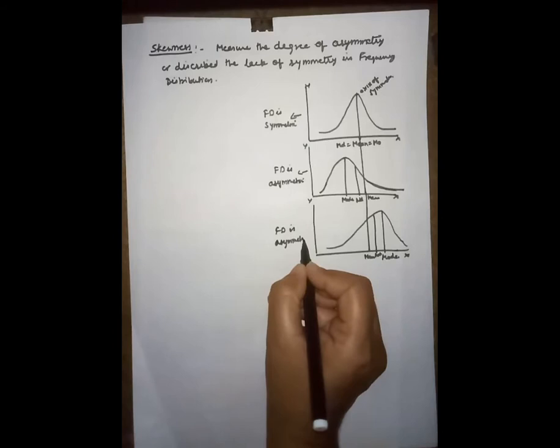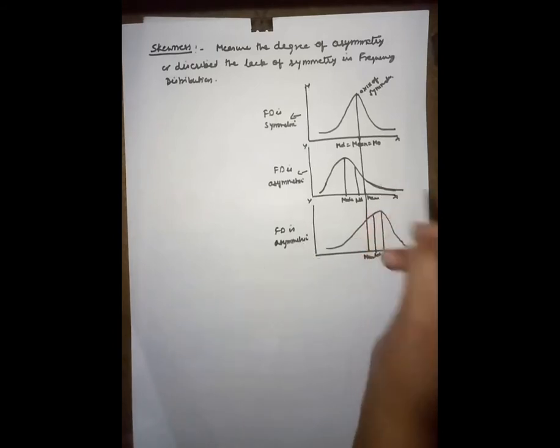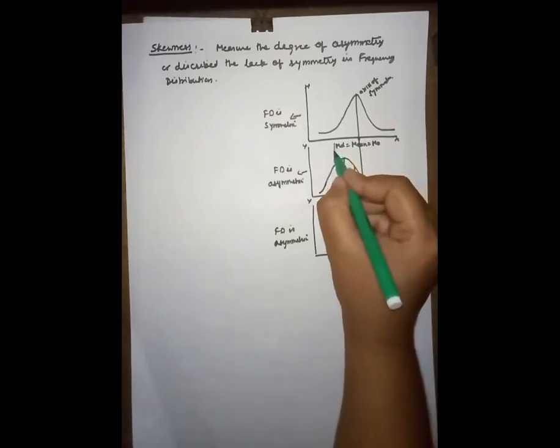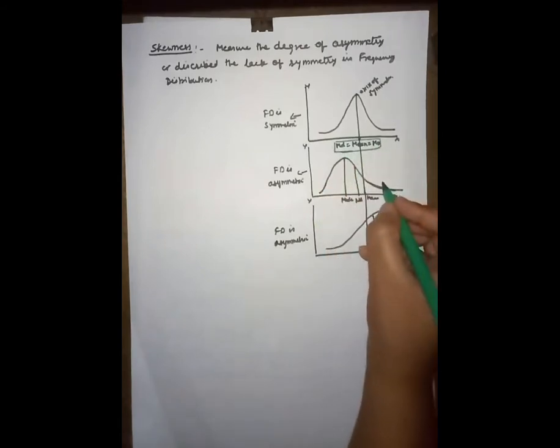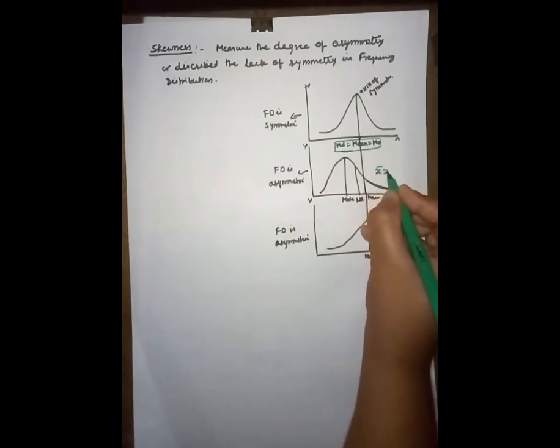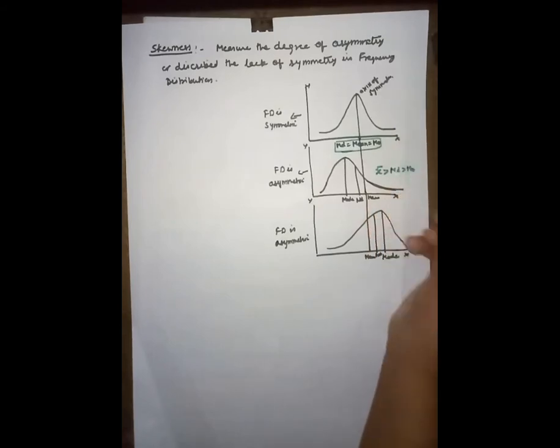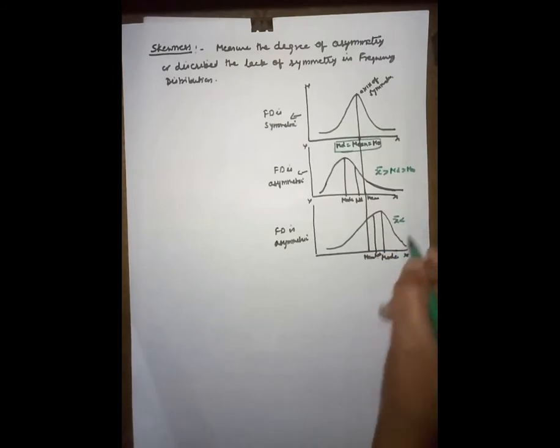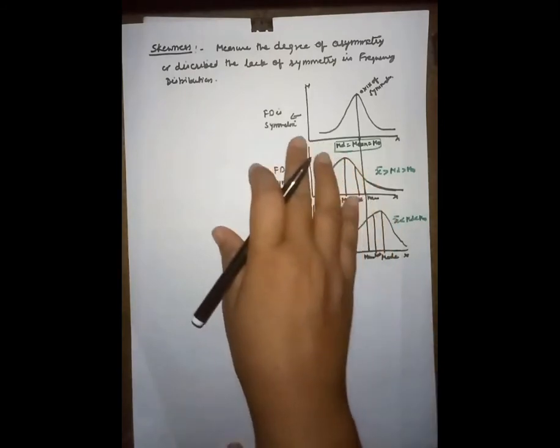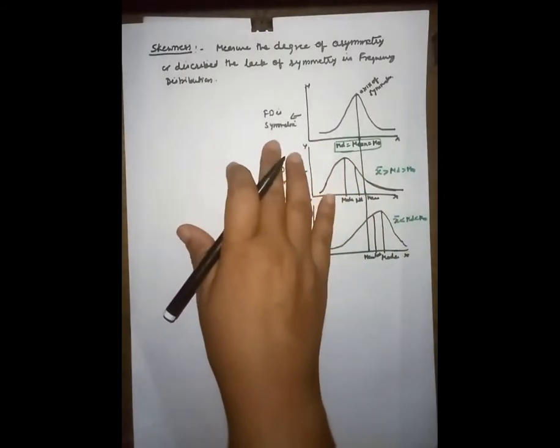Asymmetric, right? So in the first case mean equals median equals mode. In the second case, mean is greater than median, which is greater than mode, and in the third case mean is less than median, which is less than mode, right friends?